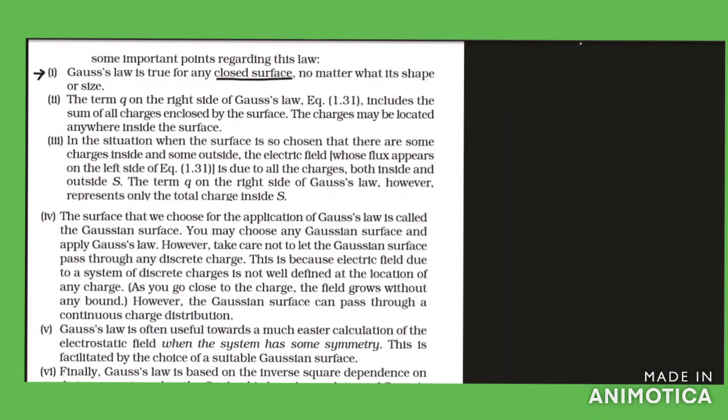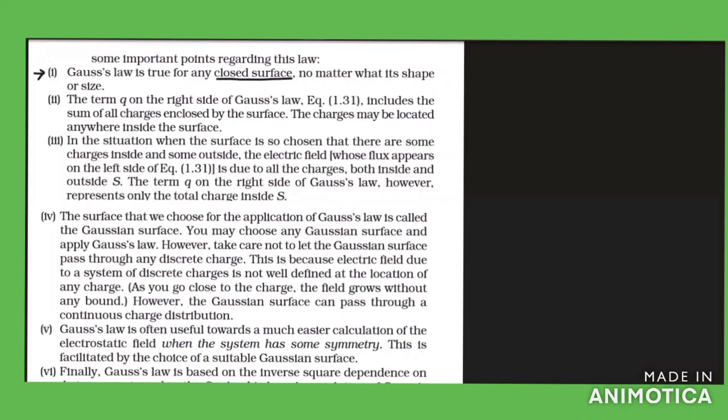But we did see that it is convenient to select the Gaussian surfaces by considering the symmetry to make the mathematics simple, isn't it? If we can do the integration, we can select any Gaussian surface of any shape or size. Only one condition is there: the surface must be a closed surface.